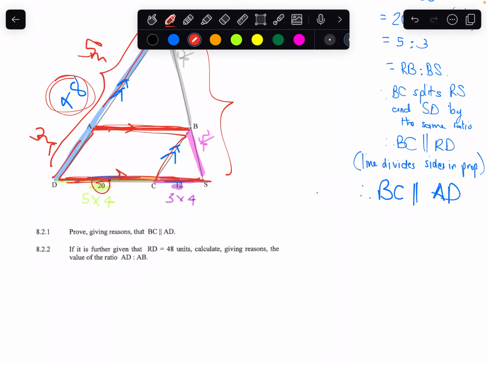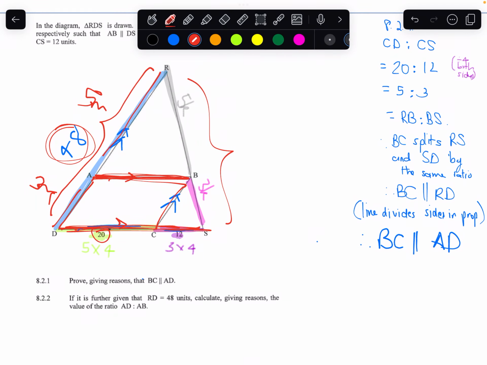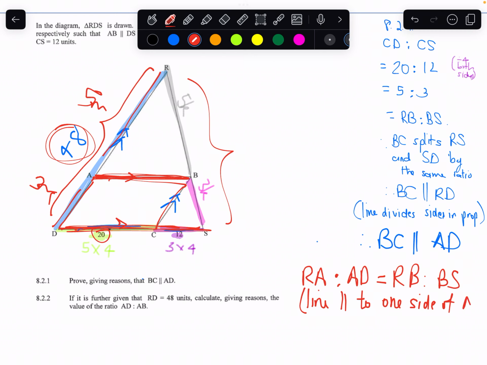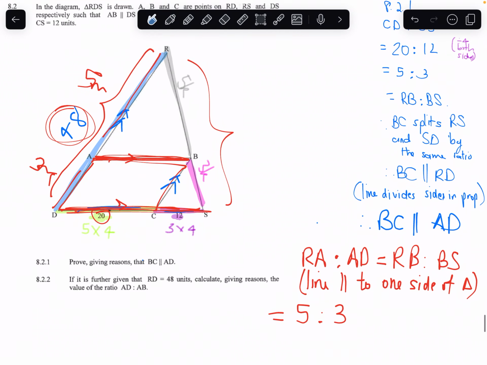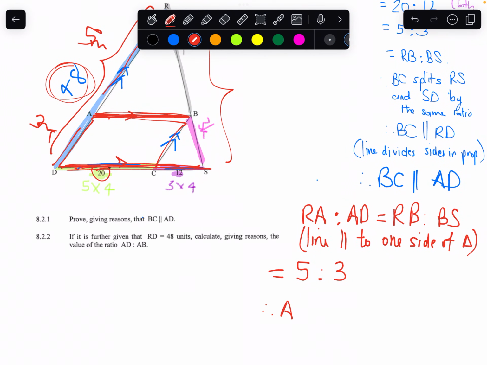So we will say the ratio of RA to AD is the same as the ratio of RB to BS. Reason for that being: line parallel to one side of triangle. So that means that the ratio of RA to AD is also 5:3, and that tells us that AD is 3/8 of RD.